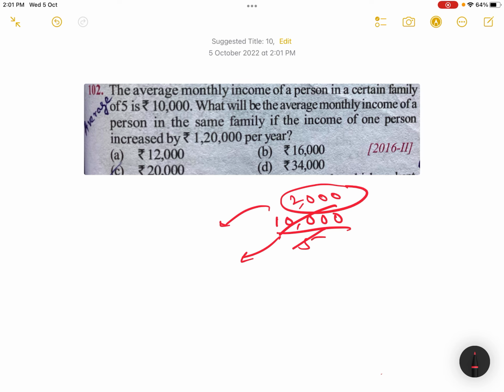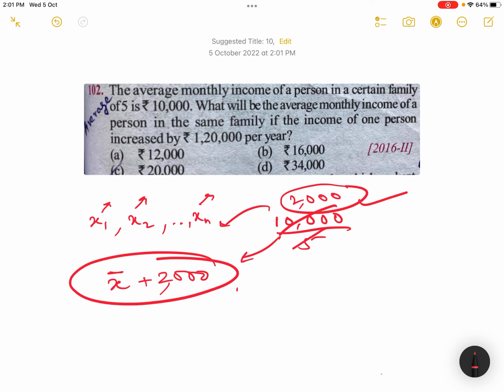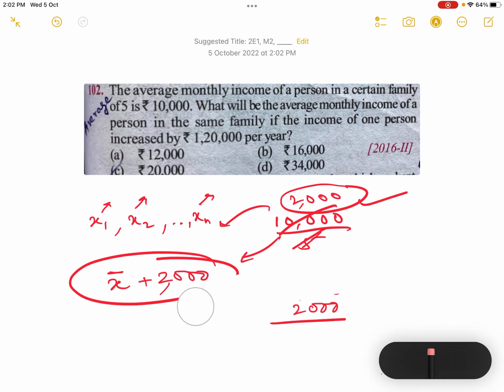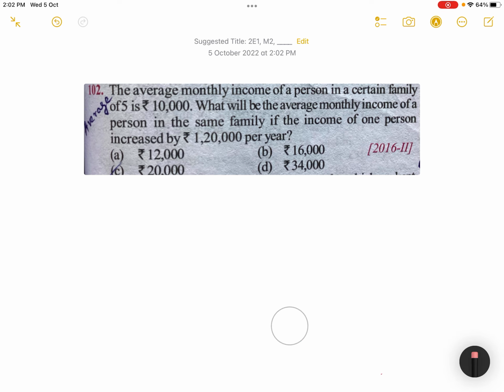If x1, x2, x3 are the observations and the sum gets increased, the average value also increases by the same amount, 2,000. Previous average was 10,000, so the new average is 12,000. If we have proper understanding, I think we can even calculate in our mind.